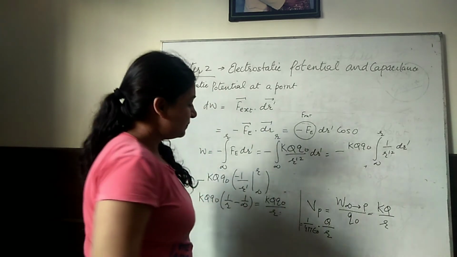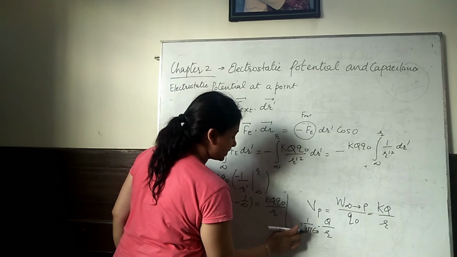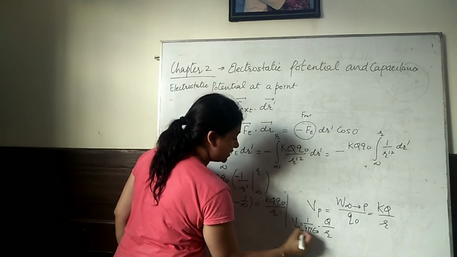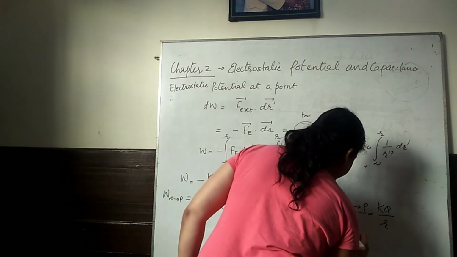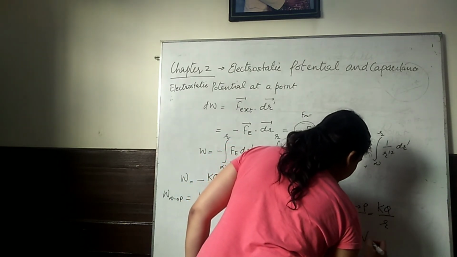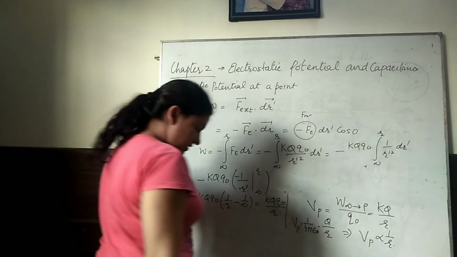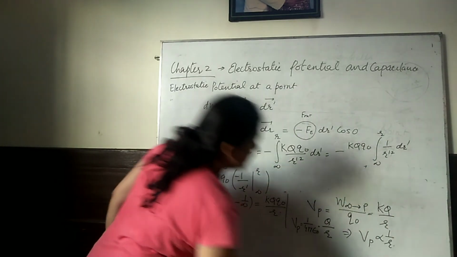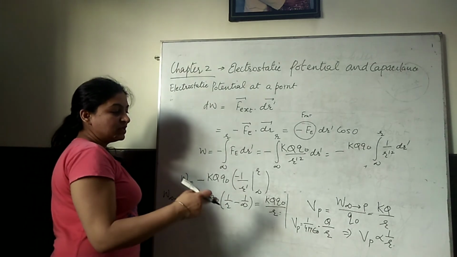You can see here that the electrostatic potential of a charge at a point depends upon R. It is inversely proportional to R. So we can write that electrostatic potential at a point is inversely proportional to the distance of the point of observation. As you go farther and farther from the charge, this potential will keep on decreasing.